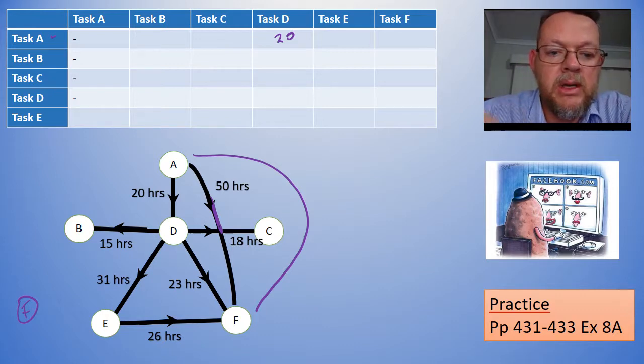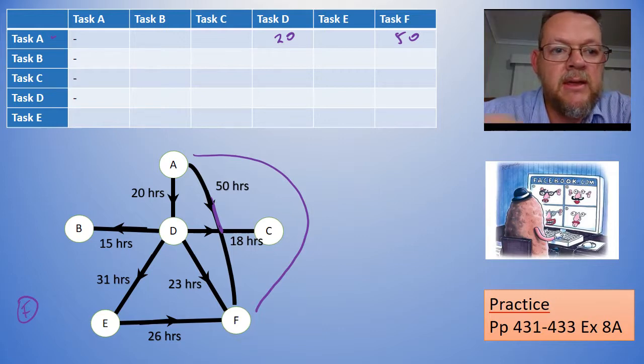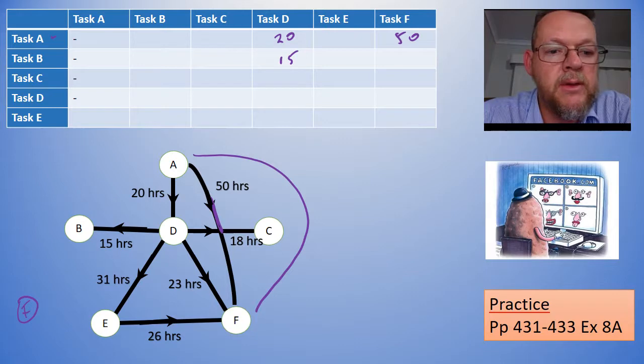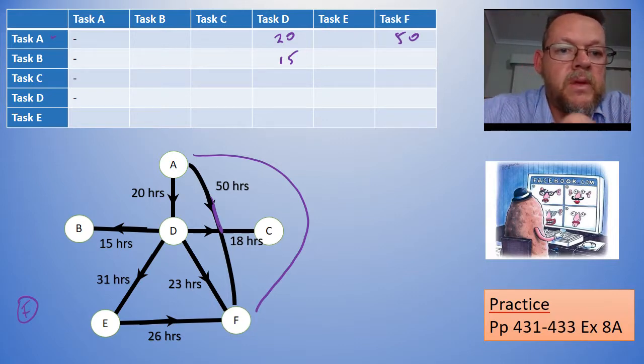No, I can't, but I can go task A to F. Can I go now B? I can't go B to A. That doesn't make sense. B to C? No. But I can go from B to D, and that is 15 hours. B is connected to nothing else. So I may as well be putting in these lines here.